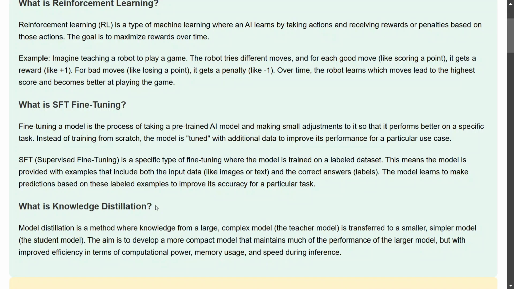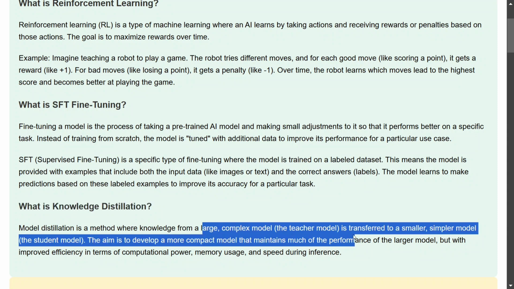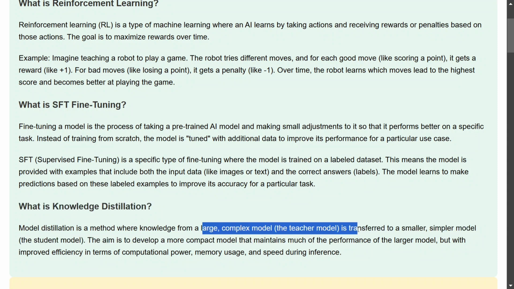Now, the third concept that you should know is knowledge distillation. So, knowledge distillation in machine learning is the concept where you're trying to transfer the knowledge of a huge model to a smaller model. So basically, a teacher model, the larger complex model, is getting used and its knowledge is getting transferred to a smaller, simpler model.